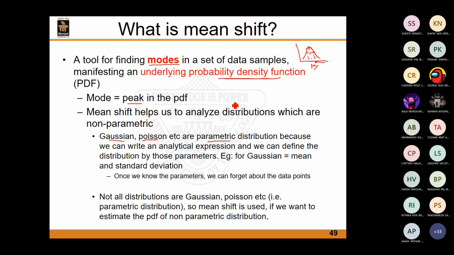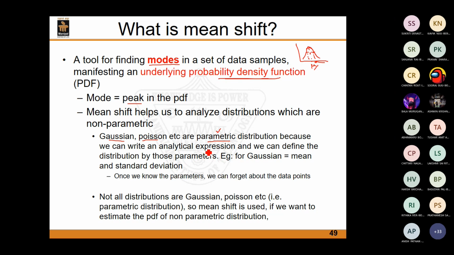So when you have parameters which can be used to describe the particular probability density function distribution, that is called a parametric distribution. But all kinds of data distribution that you have may not be parametric. It may be something that cannot be described using just a few parameters alone.